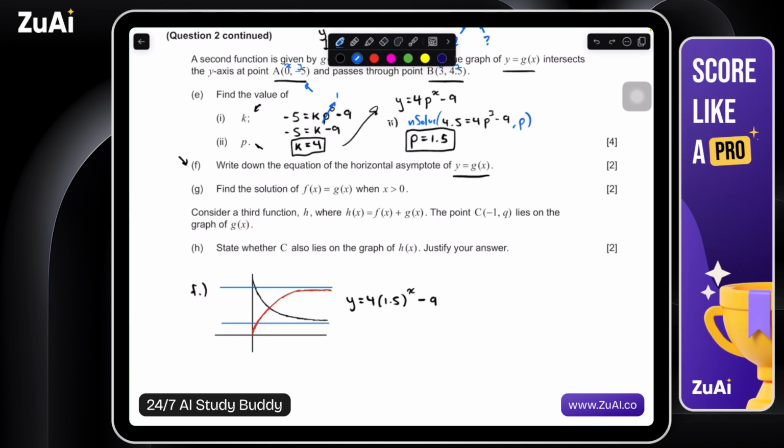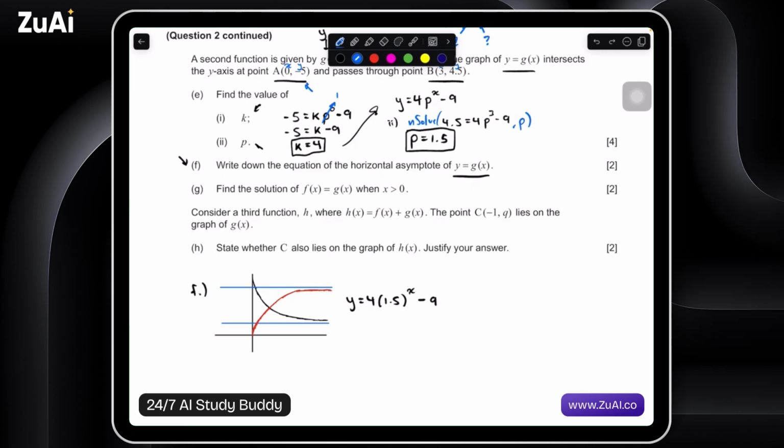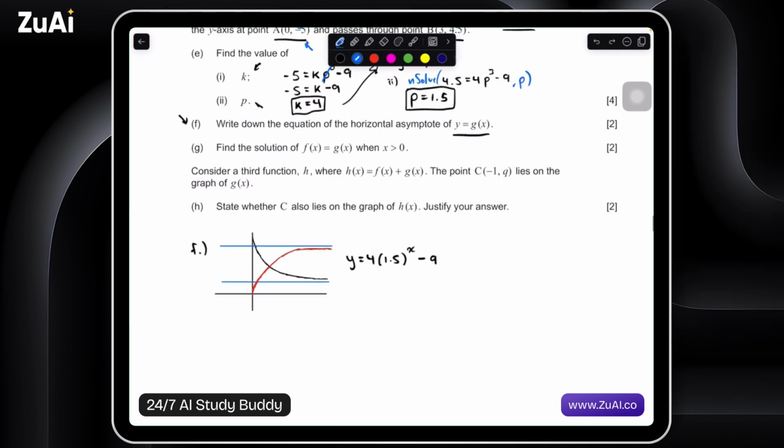Generally, we can graph it to find out, but what can we say? I don't want to give too lengthy of an explanation, but if we have this function right here, and we have certain x and y values, so here's x, here's y. When x is equal to 0, this 1.5 to the 0 will just become 1, and we'll have 4 minus 9, which will equal negative 5. So that's a point we already had, 0, negative 5.